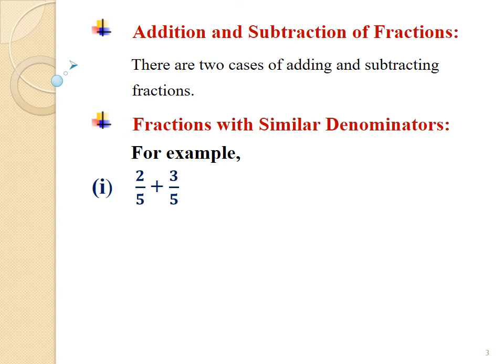Students, we know that in order to add or subtract fractions, we have to look at the denominator. As the denominators are same, we don't have to find out the LCM.